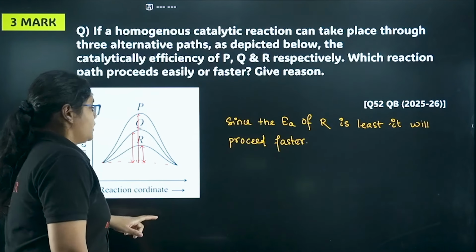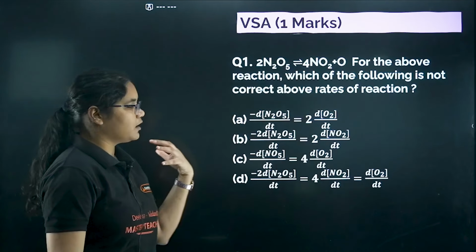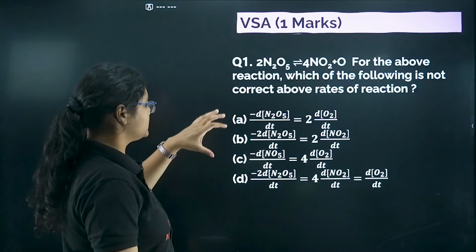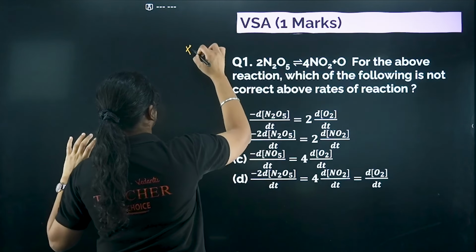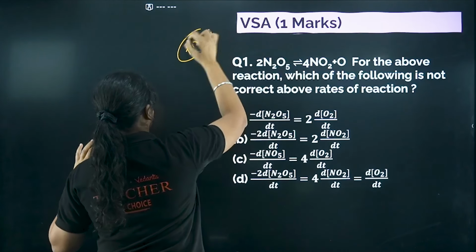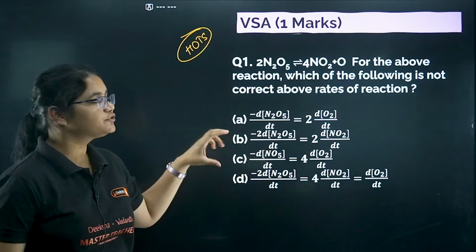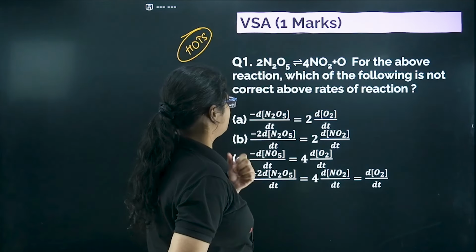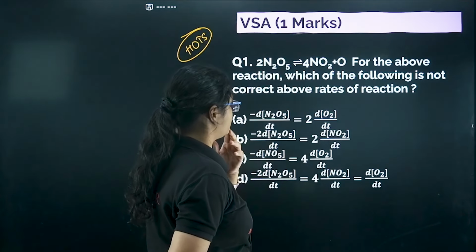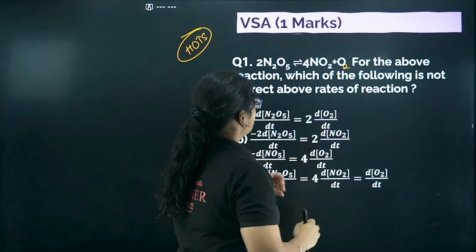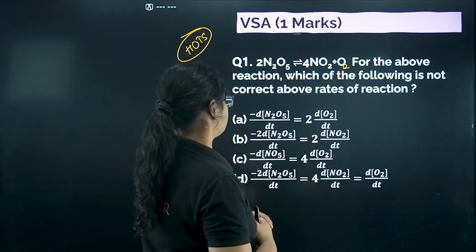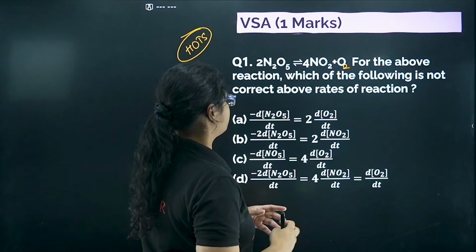Clear? Next, we'll do some 1-marker questions. These are actually some HOTS questions that I have taken from certain publication books. The first question here is 2N2O5 gives 4NO2 plus O2. Here a 2 is missing. For the above reaction, which of the following is not correct about the rates of the reaction?